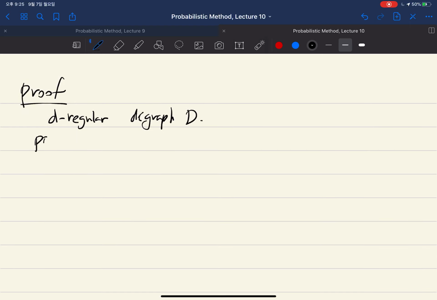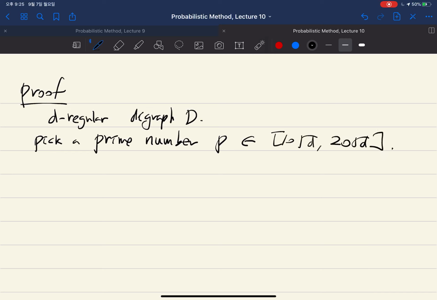And pick a prime number p between 10 square root of D and 20 square root of D. By Bertrand's postulate, we know that for any number x bigger than say 2, we can find a prime between x and 2x.